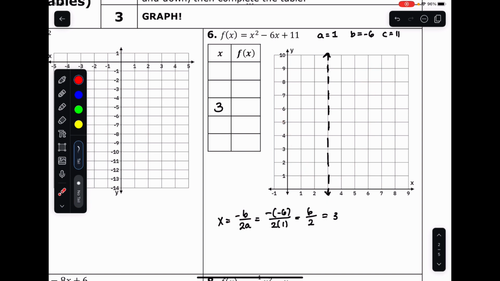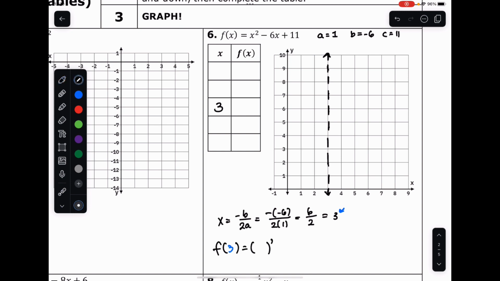Now, to figure out the y value of the vertex, which is located at the center on this line, we are going to plug this value of 3 into the actual function. So we're doing f of 3 for our function.